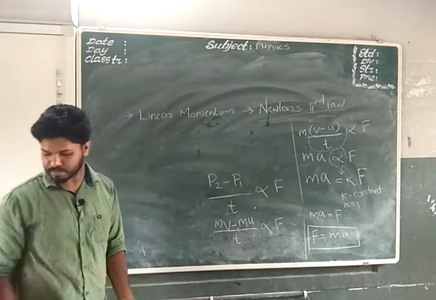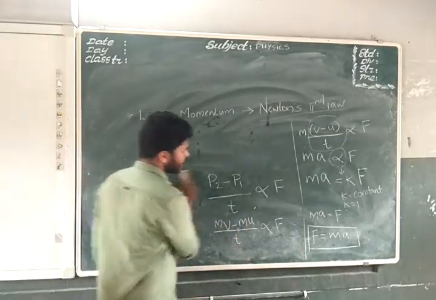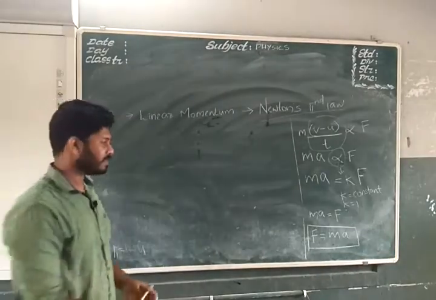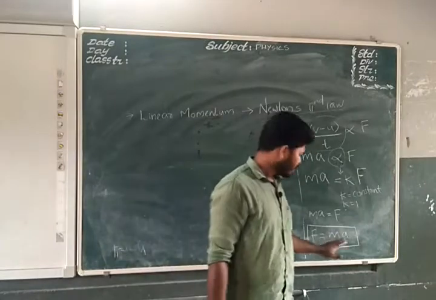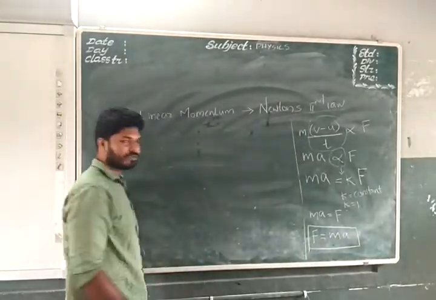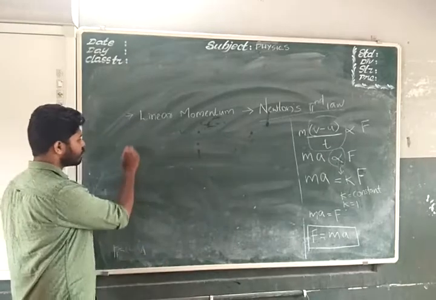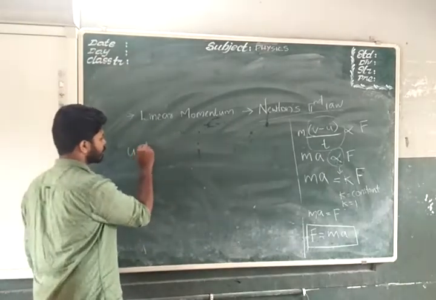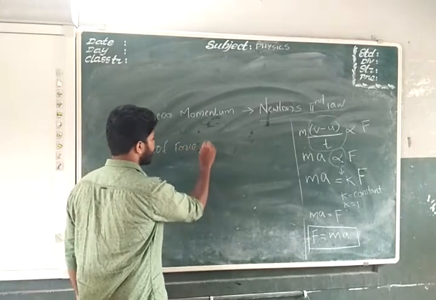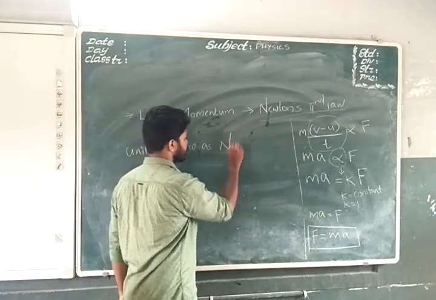Now we have to derive a unit for force. See, who formed this equation for force? Newton, isn't it? So in order to honor Newton, the scientists gave the unit of force as Newton.